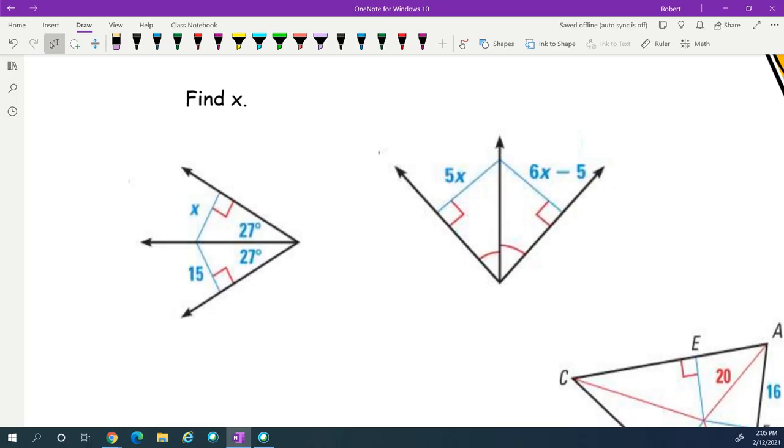We see some other examples here. Since the big angle was bisected, we know that any point on the bisector is equal distance to the two sides. So x equals 15.